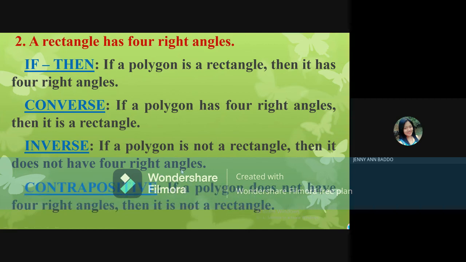And for the contrapositive, we can find the negation of the converse statement, or we can interchange the if and then statements from the inverse. So we have if a polygon does not have four right angles, then it is not a rectangle.